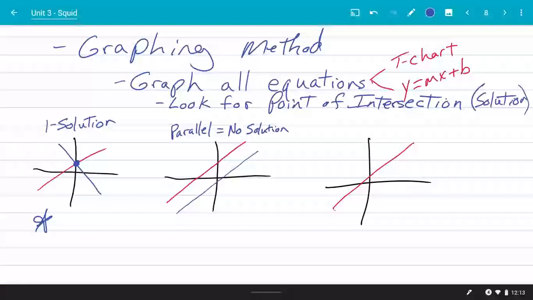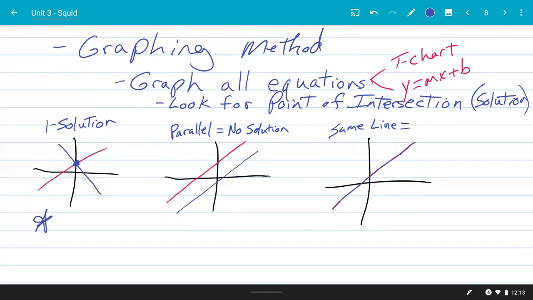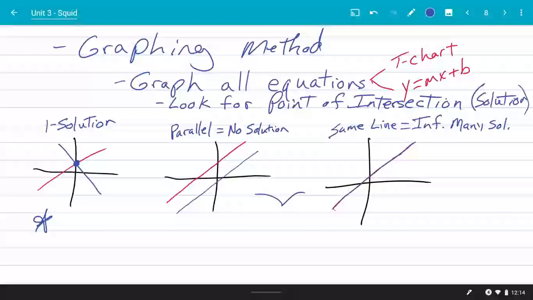And finally, we could have two lines that essentially are the same line and basically lie right on top of each other, right? And if they're the same line, they're said to have infinitely many solutions.